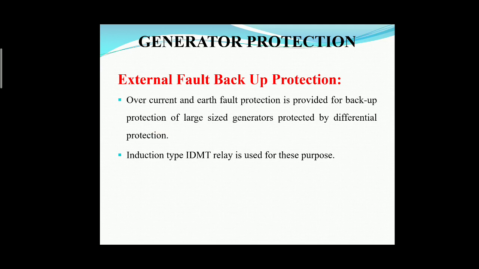If any faults occur under abnormal conditions, even with balanced CTs, there is some phase current difference between CT1 and CT2. That differential current flows through the relay coil.